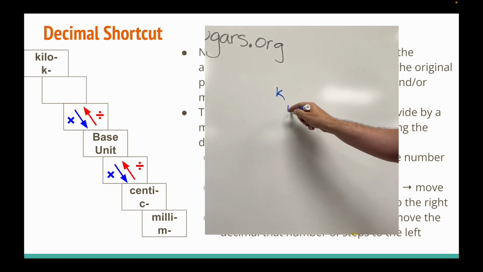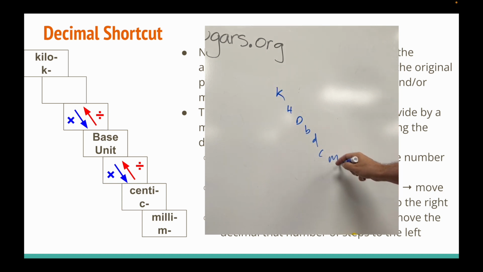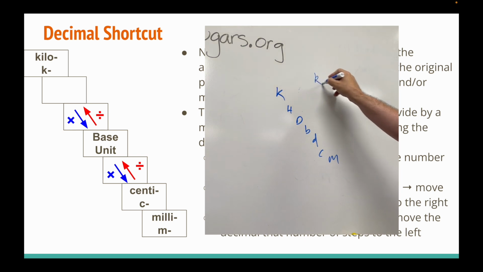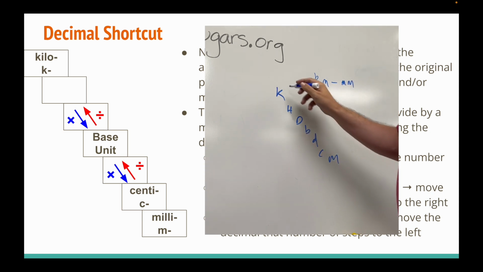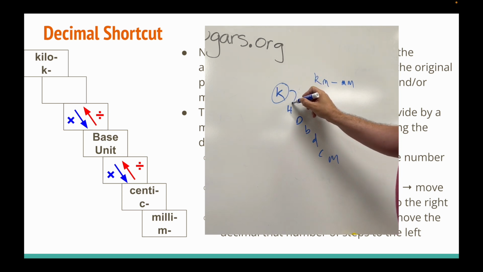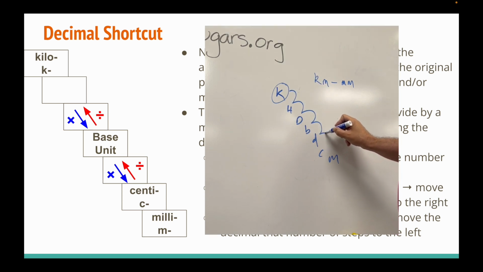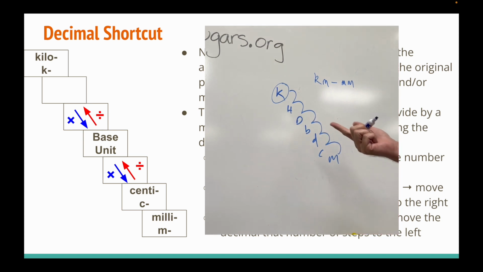King Henry died by drinking chocolate milk. So if we go from kilometers to millimeters, if we start here, notice I circle it. How many steps is that? That's 1, 2, 3, 4, 5, 6 steps. So how many times am I going to move the decimal?